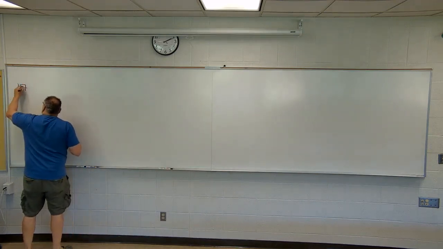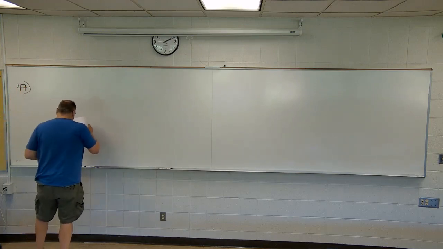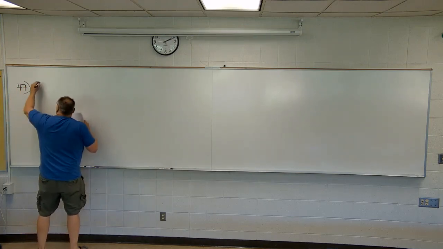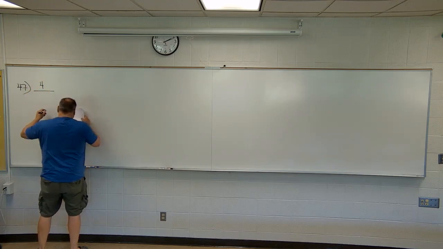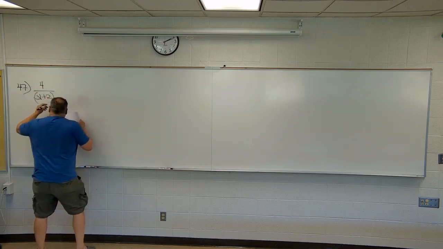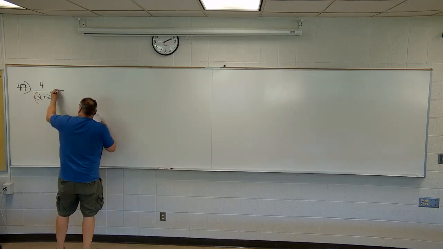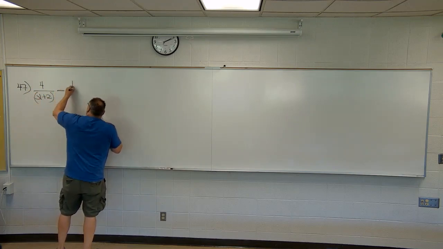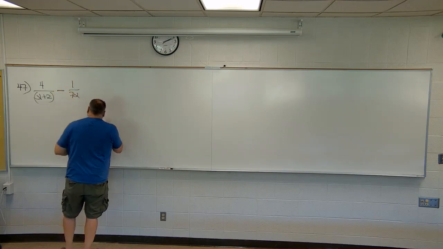47. They're saying, take a look. I mean, you've got this guy. I'll put brackets or parentheses. 1 over 7x.